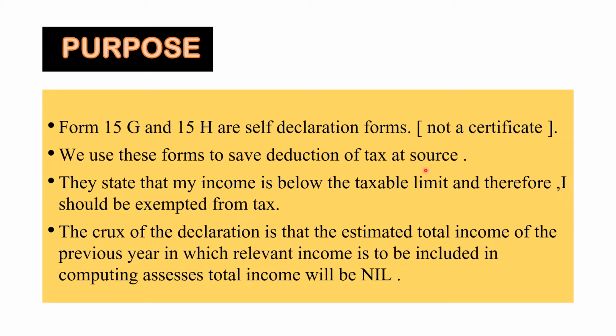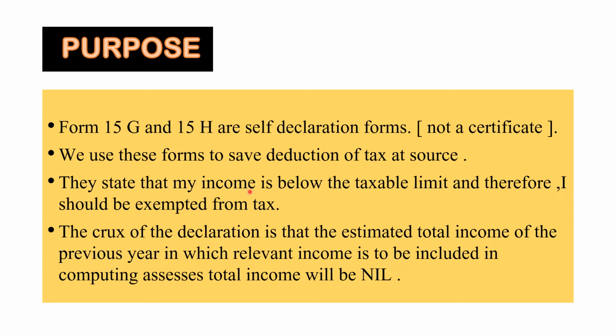Now you have heard the word TDS, tax deducted at source. By filling the forms 15G and 15H, we will be able to save the deduction of tax at source. That means the tax will not be deducted at source if I fill Form 15G and 15H.